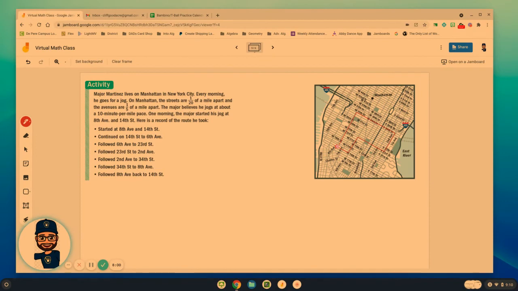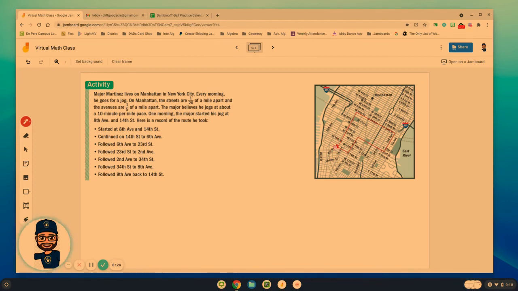So he started here at 8th Avenue, and he ran this way to get to 6th, and then he ran up to 23rd, back across to 2nd Avenue, back up top to 34th, all the way back across to 8th Avenue, and back down to 14th Street. Okay, so he took that path.